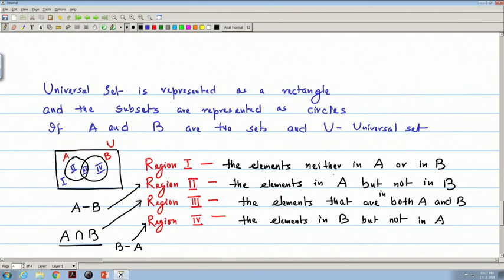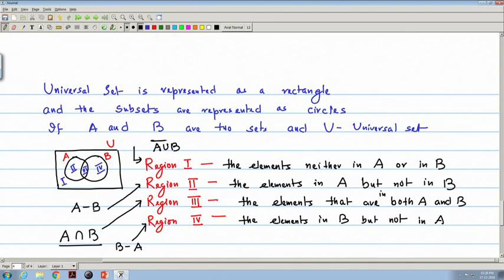Region 1 is the elements neither in A nor in B. If I consider A union B, that means they are either in A or B or both.